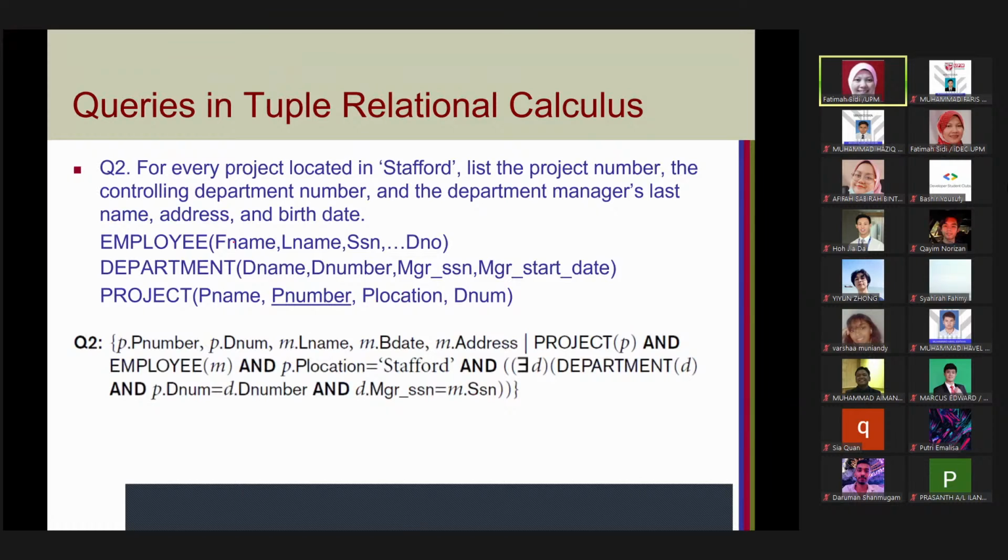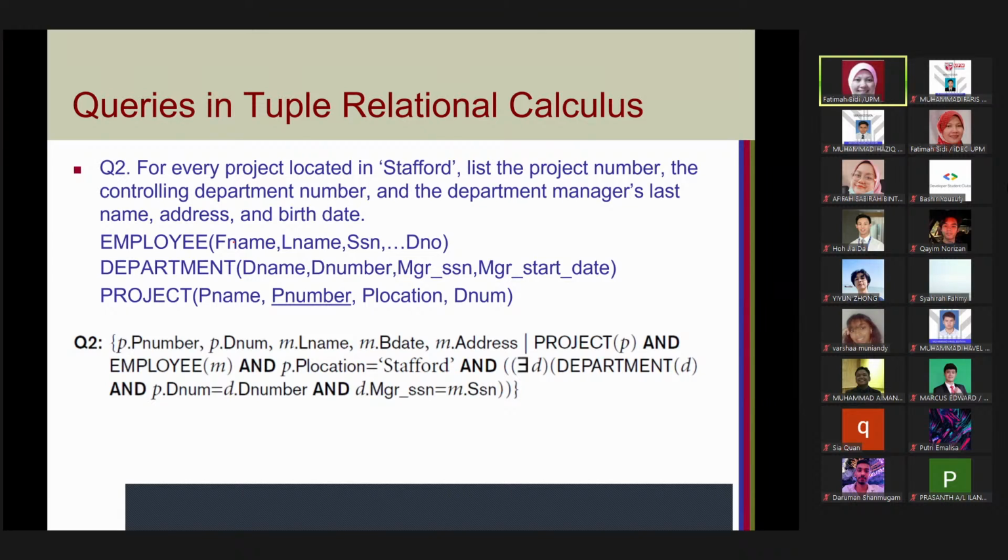So this is another example. For every project located in Stafford, list the project number, the controlling department number, and the department manager's last name, address, and birth date.